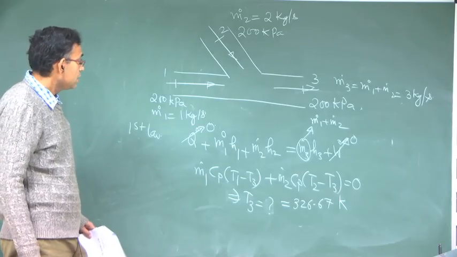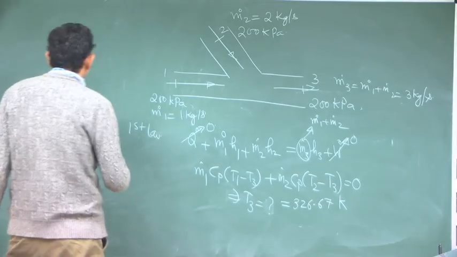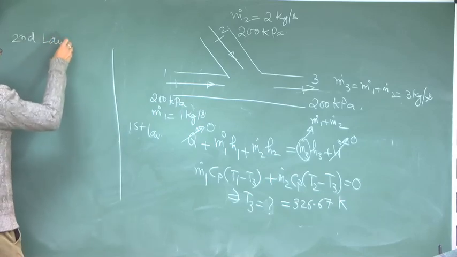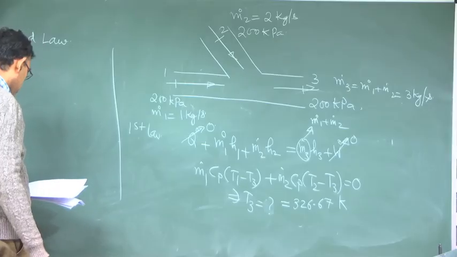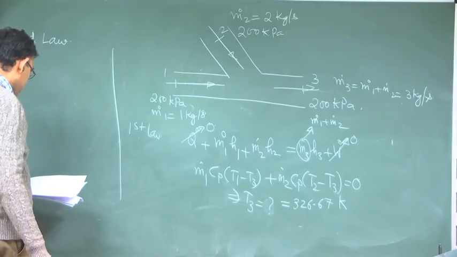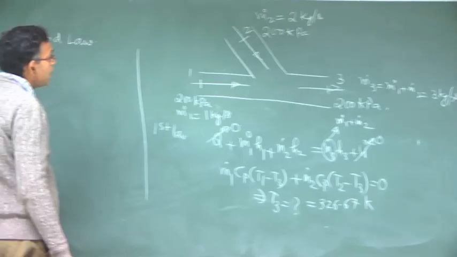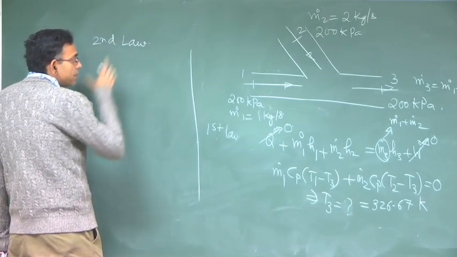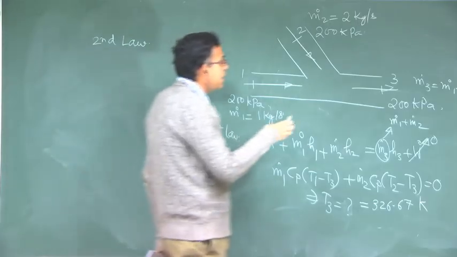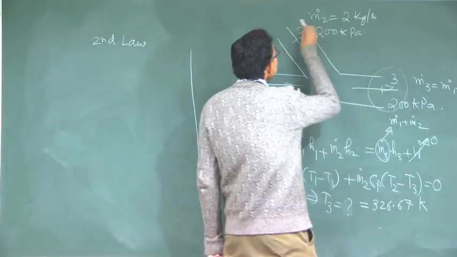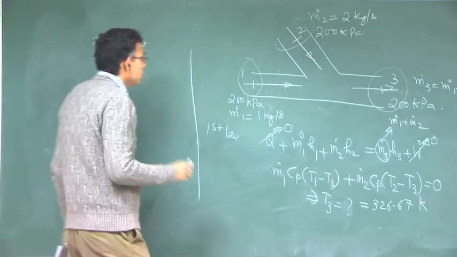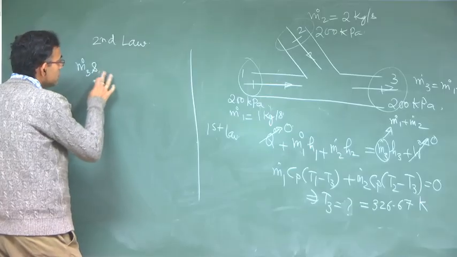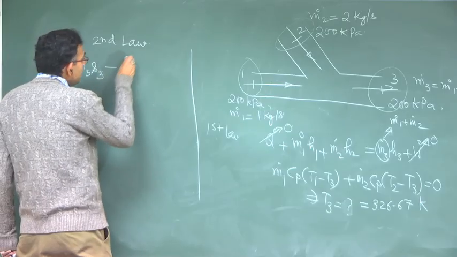Okay. Then you apply the second law. When you apply the second law, the change in entropy, exit minus inlet: m dot 3 S 3 minus the inlets.